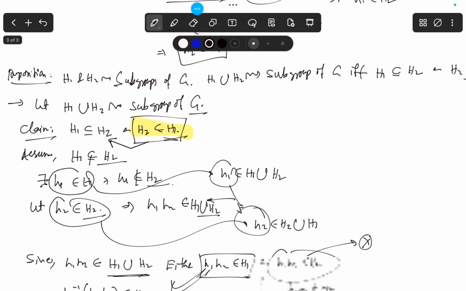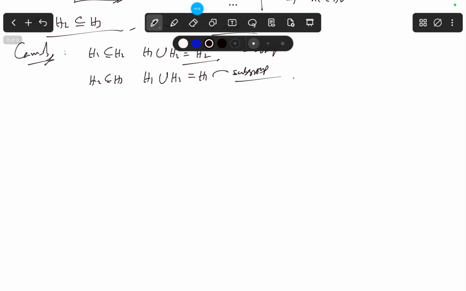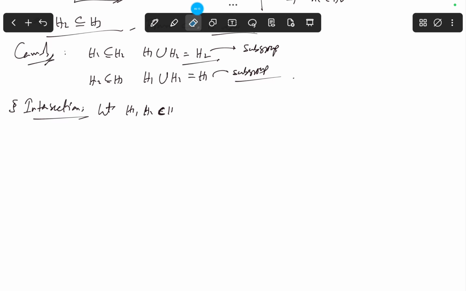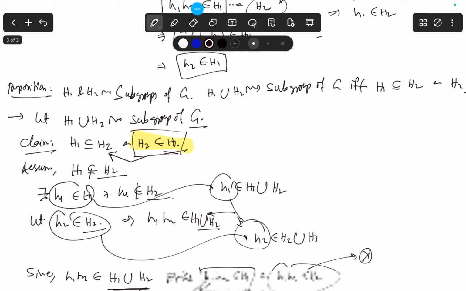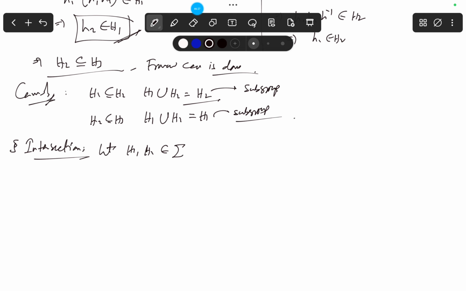Now for intersection, let us consider that H1, H2 are subsets of G, or maybe they belong to this class sigma. If we take any two subgroups from the class, then let us take H1 intersection H2.